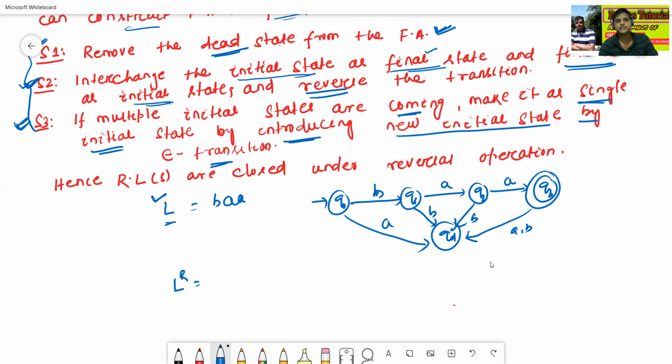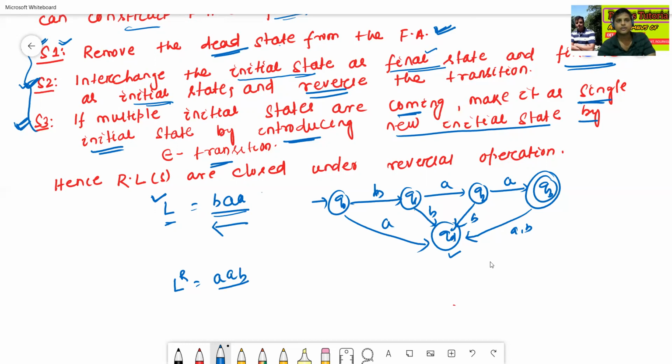Since the language contains BAA as the string, its reverse is AAB. What is the first step? Remove the dead state QD from the finite automata.